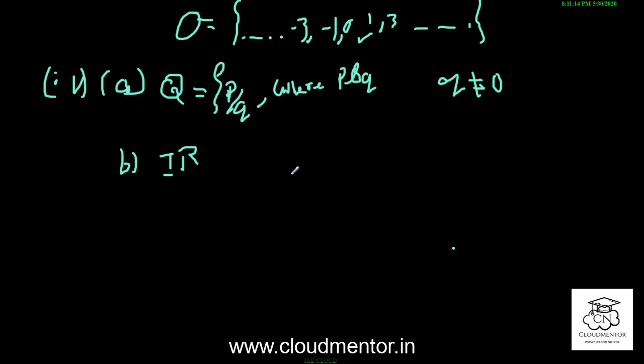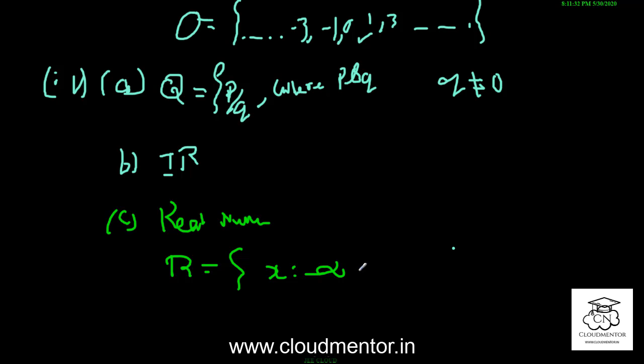And now the set of real numbers can be represented by capital R, which means x such that -infinity is less than x less than infinity. They are the real numbers.